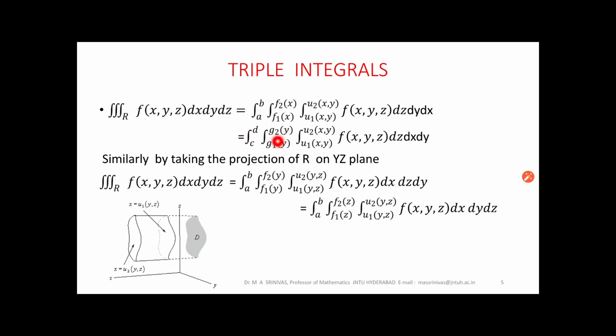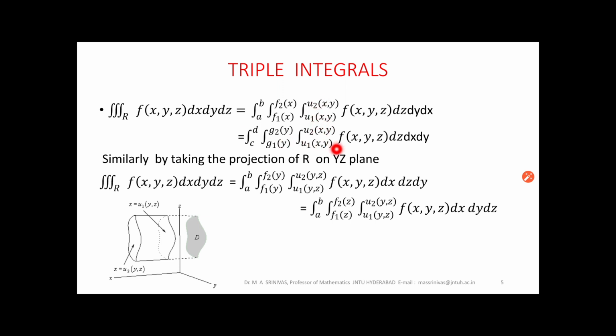That depends on the order you choose. If you choose the order dy dx, then the variable limits will be functions of x and the other limits constants. If you choose the order dx dy, then the variable limits will be functions of y and the y limits are constants. Therefore, these are the limits for x and y over D, and these are the limits for z.